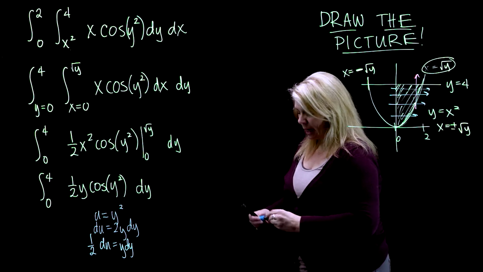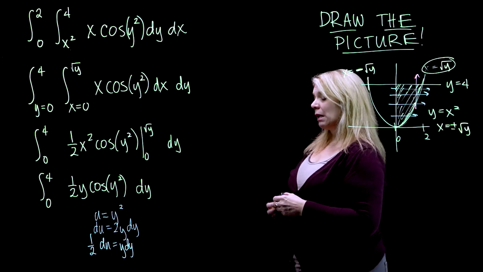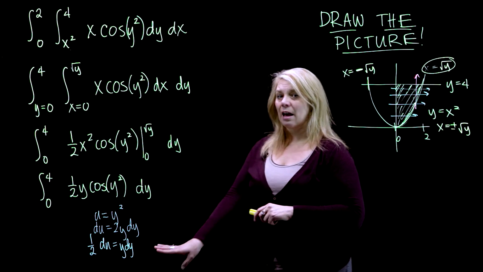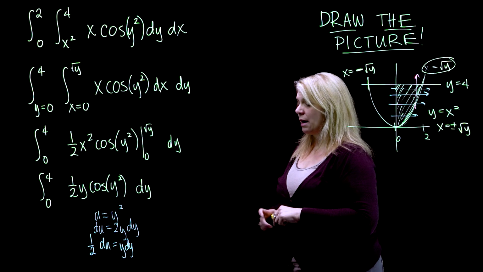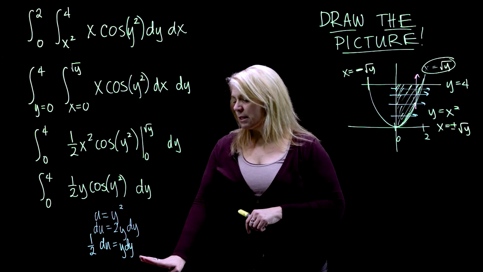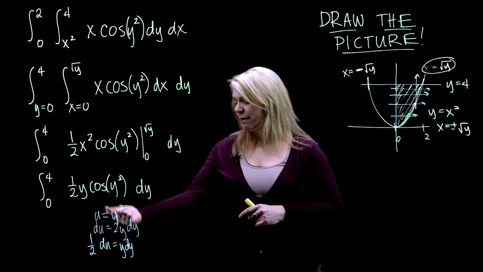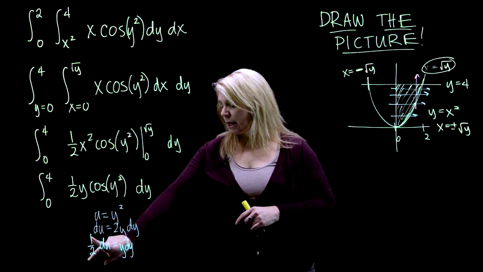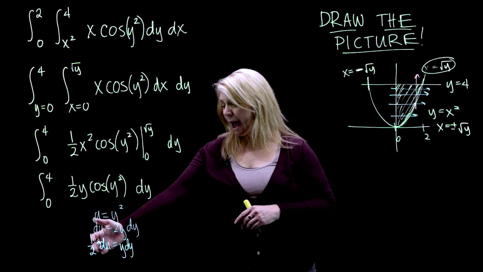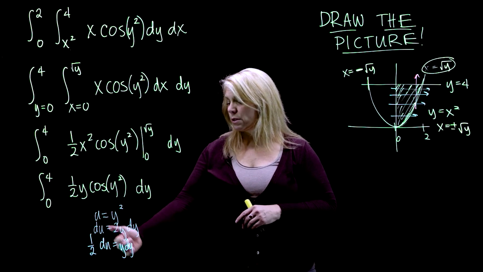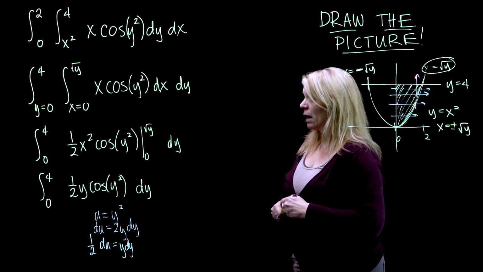All right, generally at about this point, even if students were not comfortable doing u substitutions in their head, they start to decide maybe it's worth it to do them in their head. So maybe write out this much, or maybe just think it through, but understand that because you don't have the 2y dy, you're going to end up dividing through by 2, so you're going to get an extra factor of 1/2 when you do that u substitution, in addition to the 1/2 that's there as well.